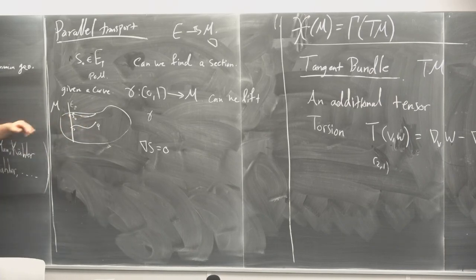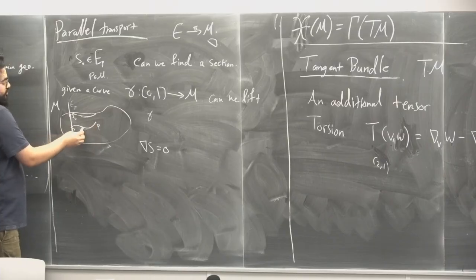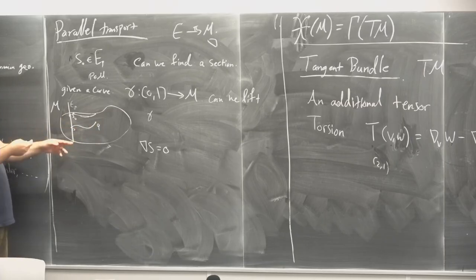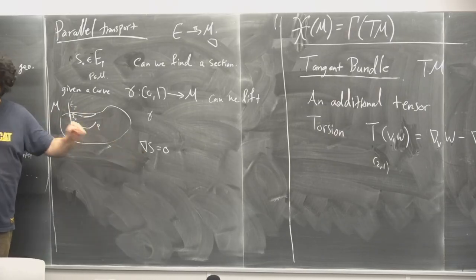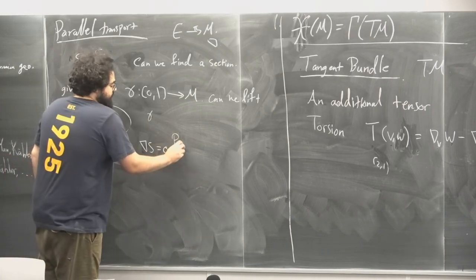You apply the connection onto the whole lifted curve, because this lifted curve is just going to be a section of the bundle restricted to the curve, or the pullback bundle to the curve, technically speaking. And we're asking if we can find a section such that nabla is 0, which we call the parallel condition.